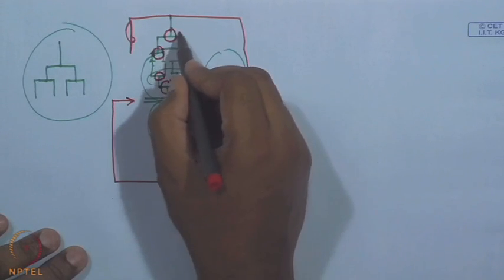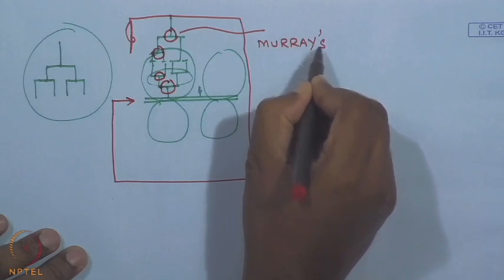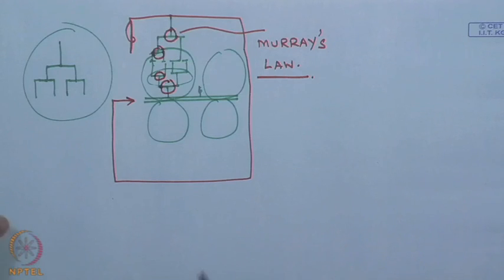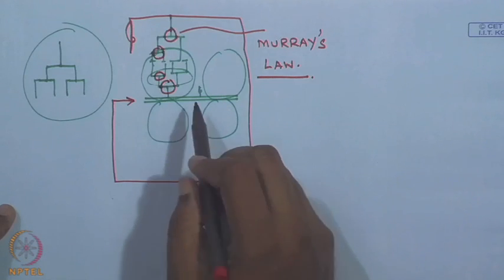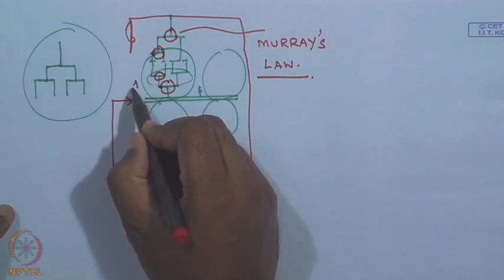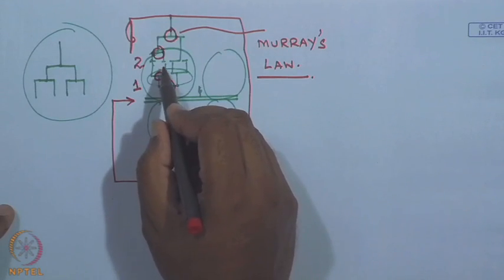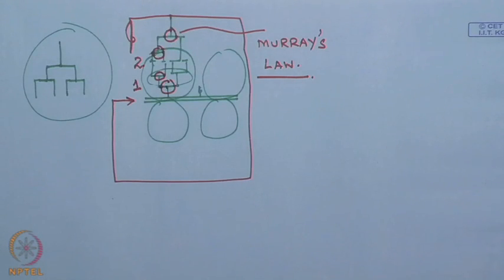But at every point of branching out and every point where they are combined, Murray's law will have to be maintained in order to obtain the minimum pressure drop. This relation serves for an equal wall shear stress in the channels on each branching level. So, this is branching level 1 and this is branching level 2. So, we have a two level branching and then two level combination in order to irrigate a space on a solid to lower its temperature.